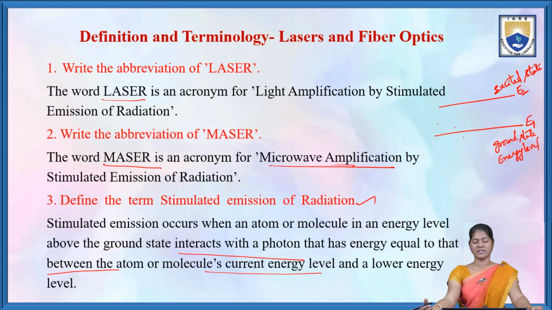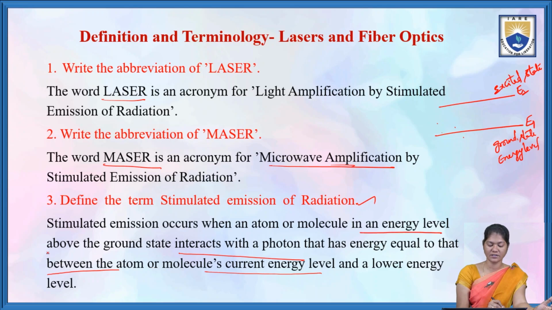So, in this definition, stimulated emission occurs when an atom or molecule is in a higher energy level above the ground state. An energy level above the ground state means that it is in the excited state, or the higher energy state.